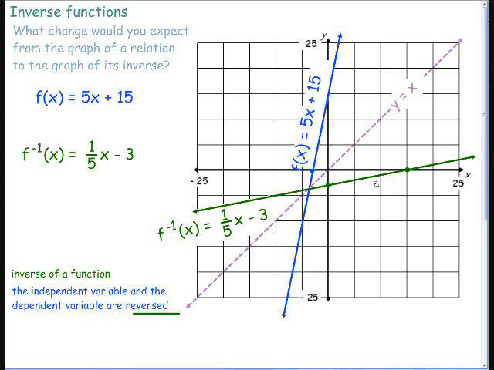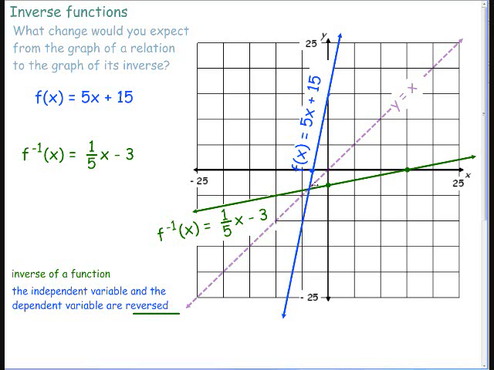So there it is. The thing I want to point out to you is that if we look at the diagonal, and if you picture folding this whole thing on the diagonal, what would happen? This function will lie right on top of this portion.